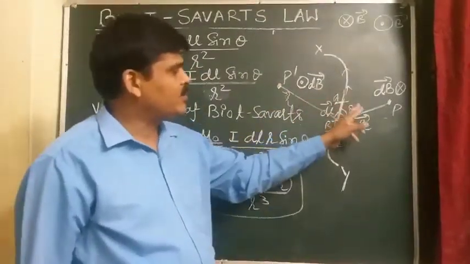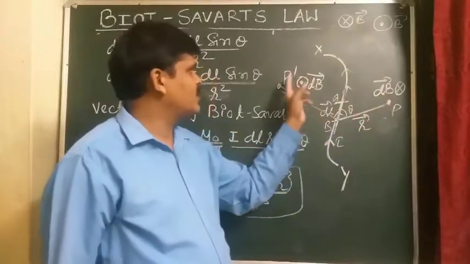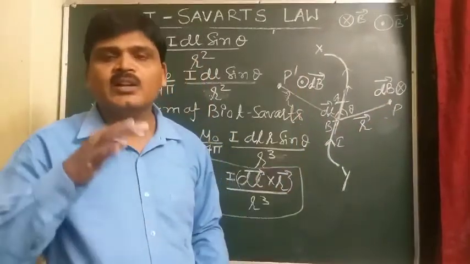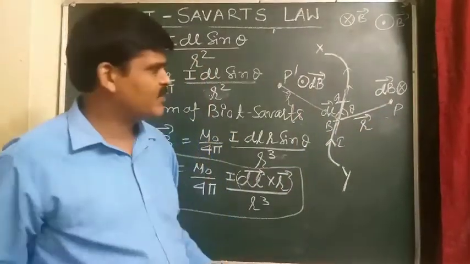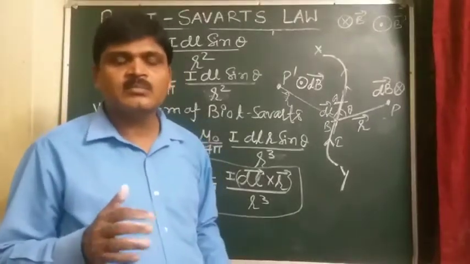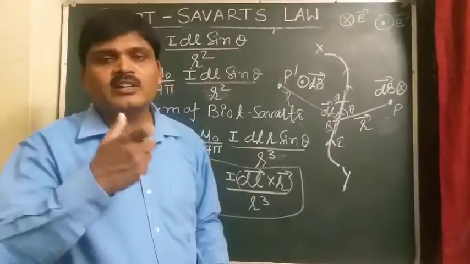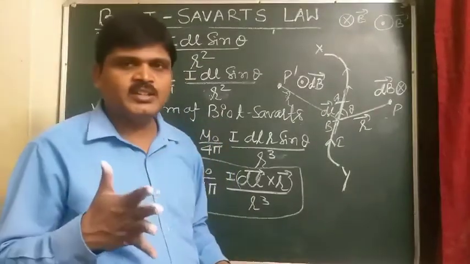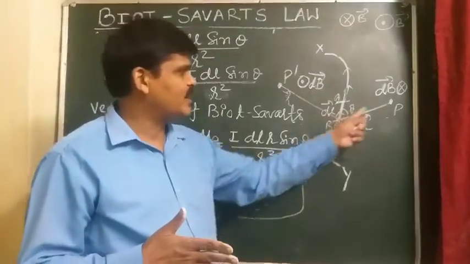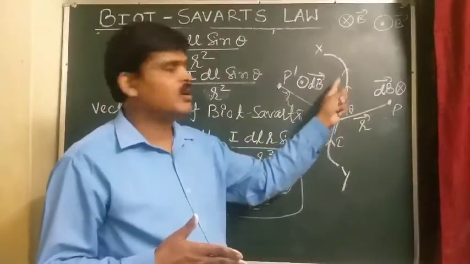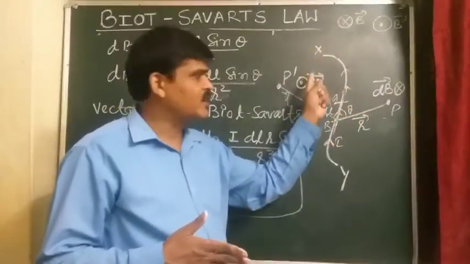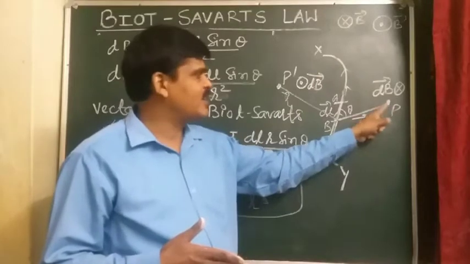And the direction of the magnetic field at point P or point P dash, you can also determine by the right hand thumb rule or Maxwell corkscrew rule. But it is very easy to find the direction of the magnetic field due to a current element vector at any point, right side or left side.